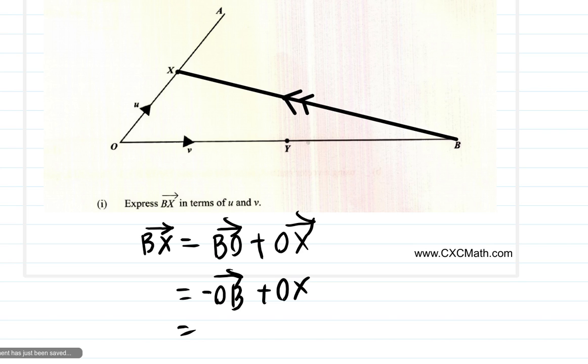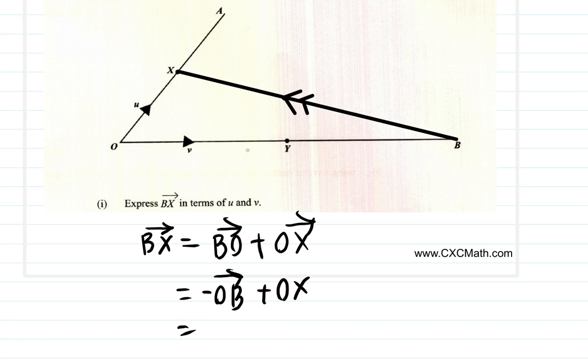Now, from O to Y is V. And from O to B is 2 times V, because this distance is the same as this distance based on what they said earlier in the question.